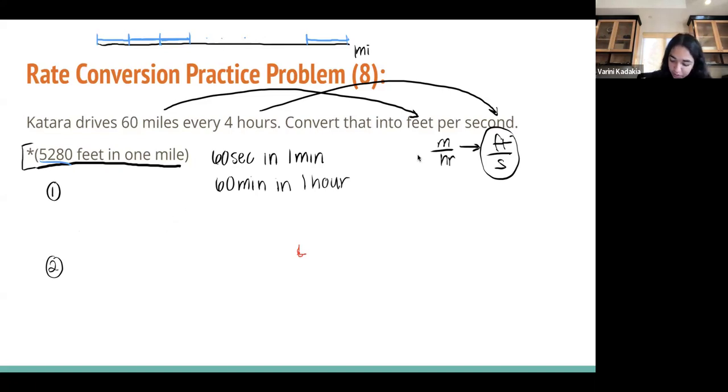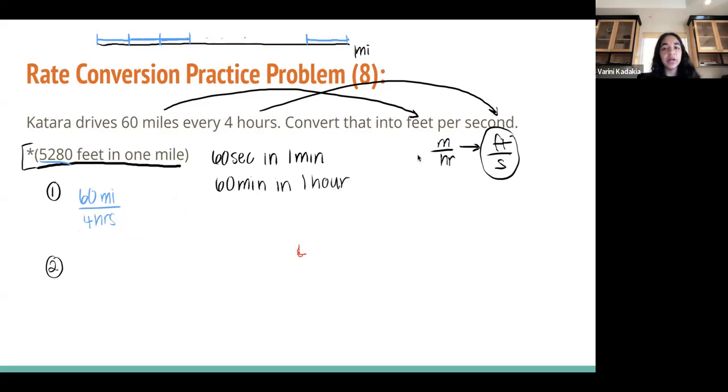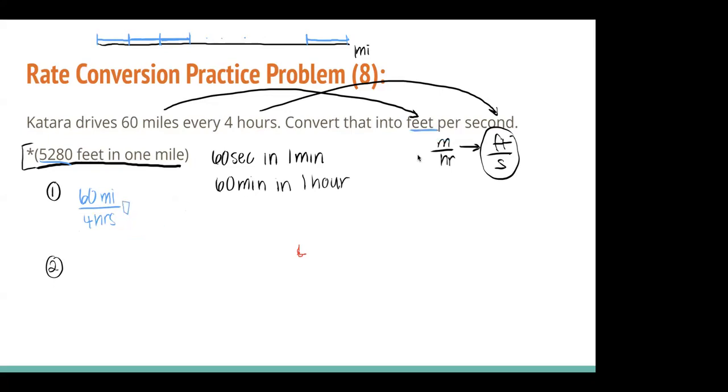Okay, so basically, you have your 60 miles over 4 hours, right? Now we need to get rid of the miles. We don't want it in terms of miles anymore. We want it in terms of feet because that's what our answer is asking us for. So how can we get rid of a mile?